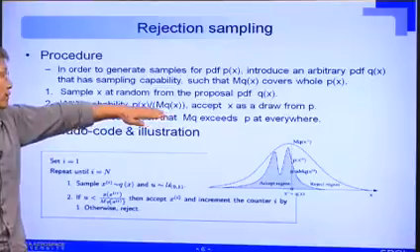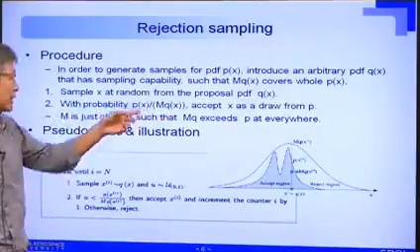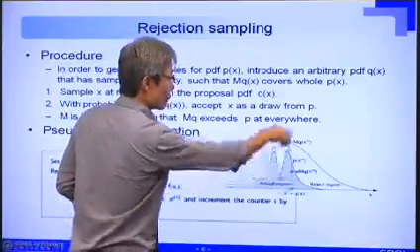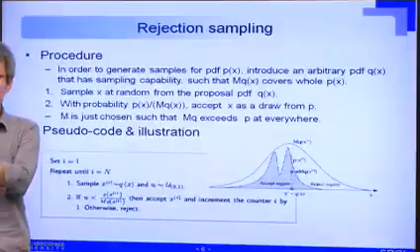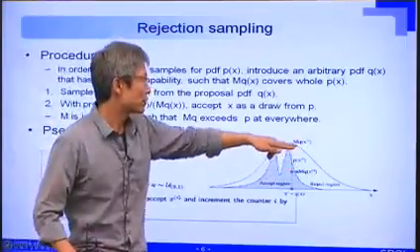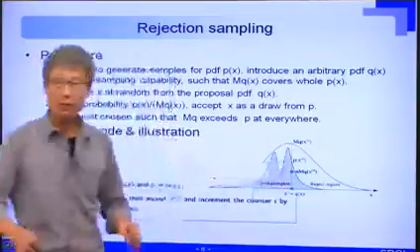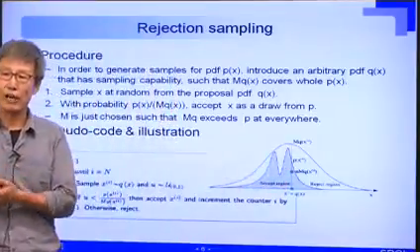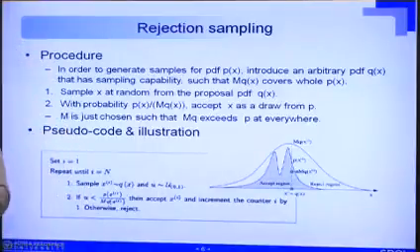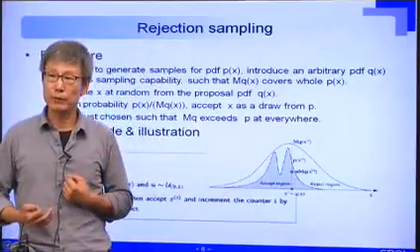If this value is high, it means the probability to get this is high, because along this line this represents the relative height of P(x) relative to M Q(x). If this height is close to 1, we have a high probability to take this value as the sample.